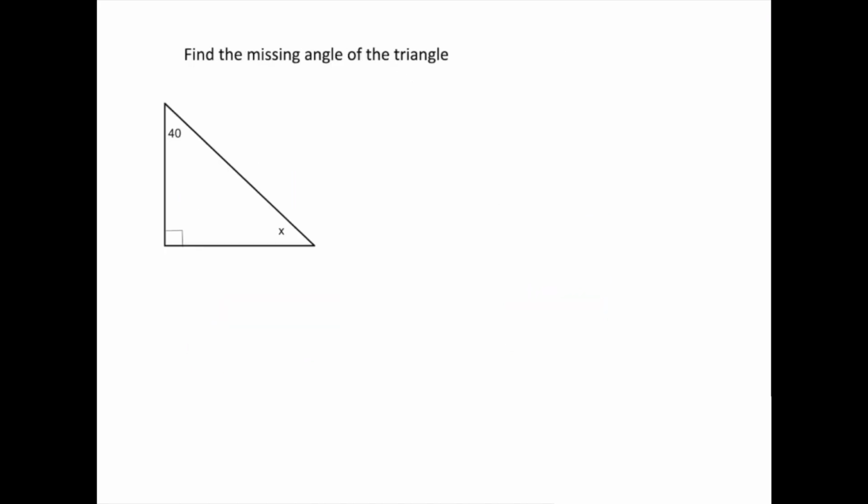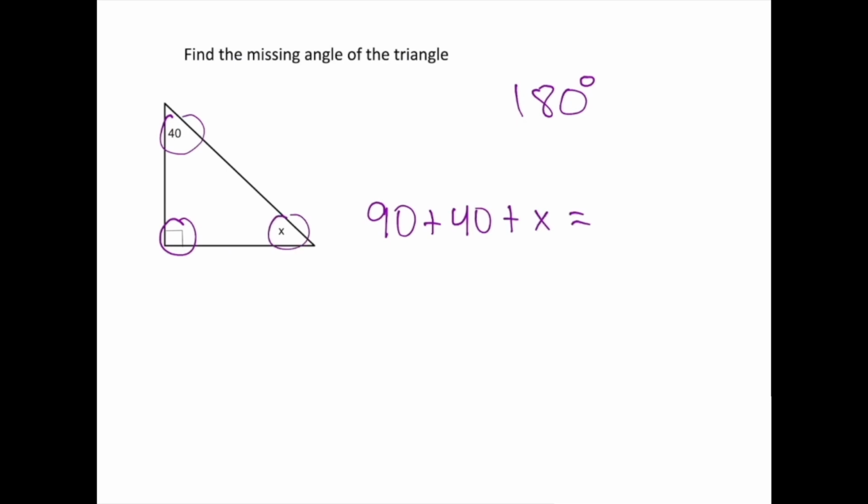Now that we've learned how to classify triangles, we can talk about the angles inside the triangles. The sum of the angles in a triangle is 180 degrees. When we're trying to find a missing angle, we can use this rule to help us find it. We know that 90 plus 40 plus x is going to get us 180 degrees.